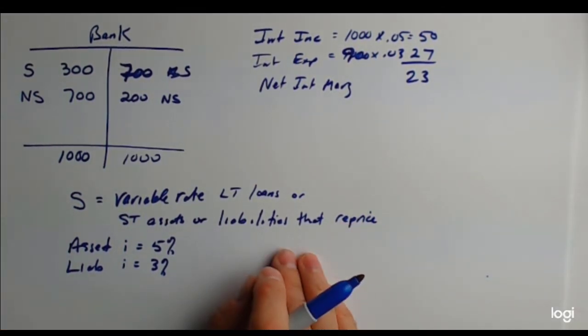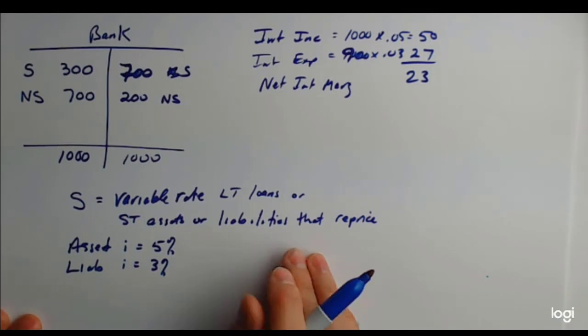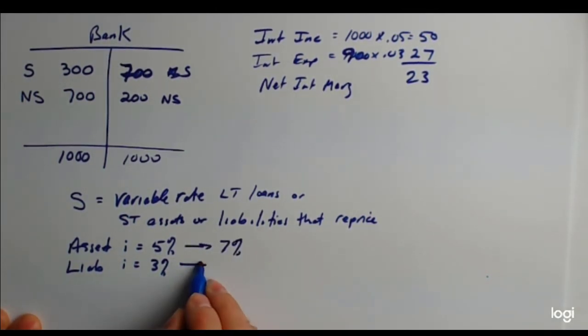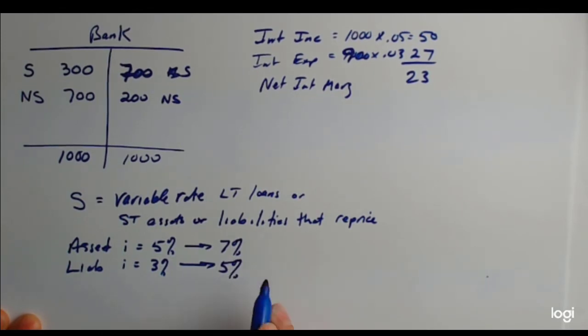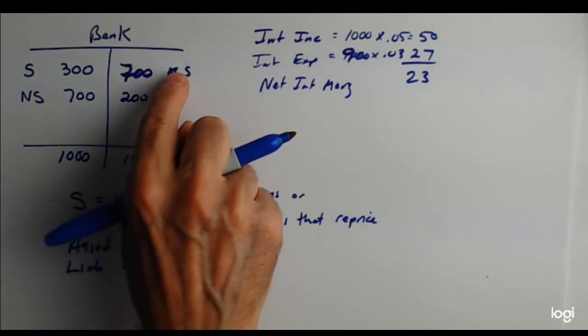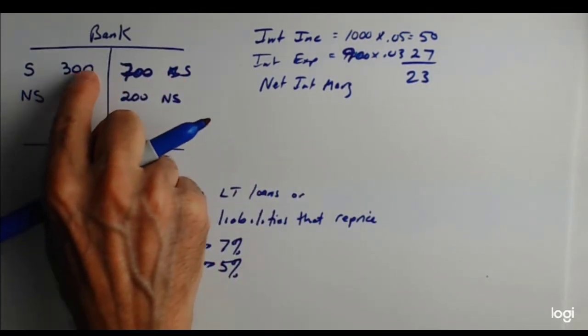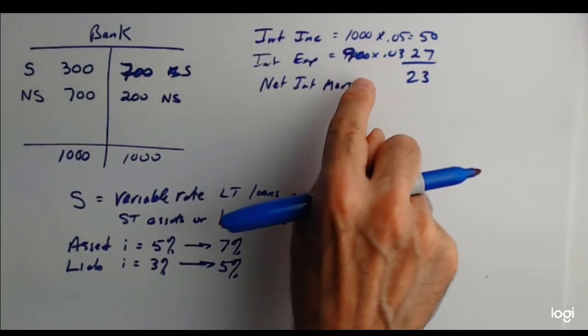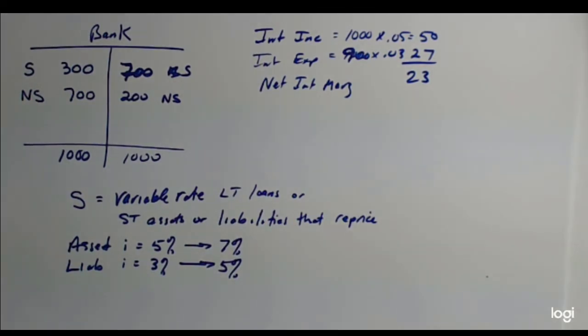Now what we want to do is see what happens when interest rates rise by 200 basis points. This interest rate goes to 7% for assets, and this interest rate goes to 5% for liabilities. But it only changes for the sensitive assets and the sensitive liabilities. So let's do the calculation on net interest income and expense.